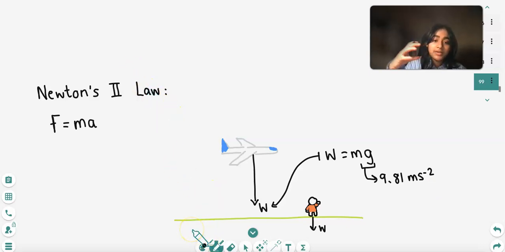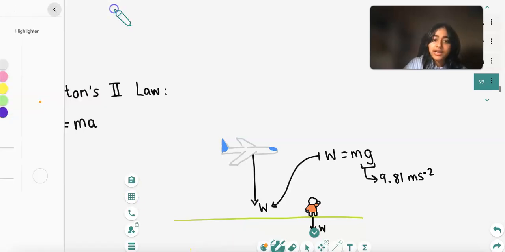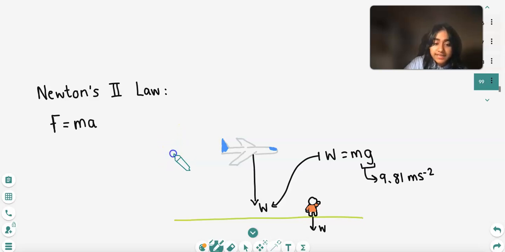So when we're modeling gravity in this way, we're making a huge assumption about the nature of the gravitational field on Earth. And that is that the field is uniform. What do I mean by the gravitational field is uniform?